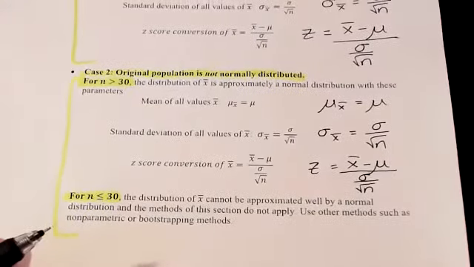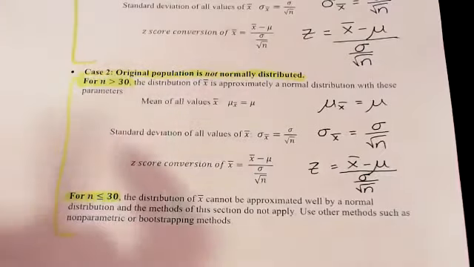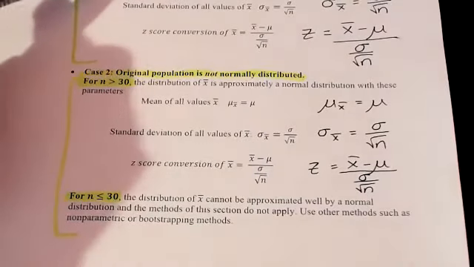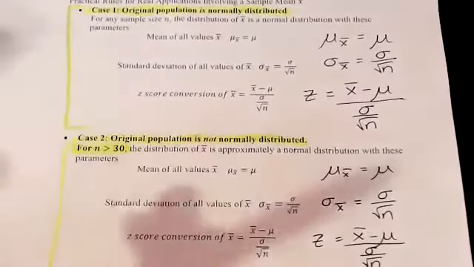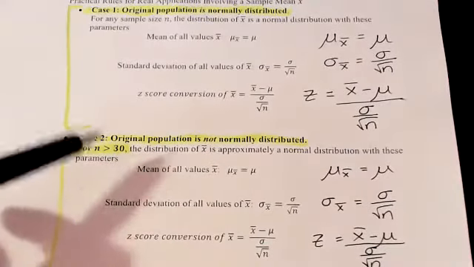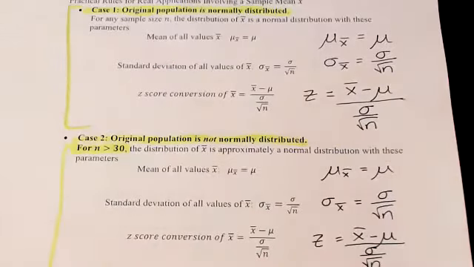So the nice thing to note is that in either case, as long as we have information about whether or not the original population is normally distributed, or if it's not, and we know that n is greater than 30, we have the same set of formulas. So we essentially want to make sure that we are using these formulas in either case.